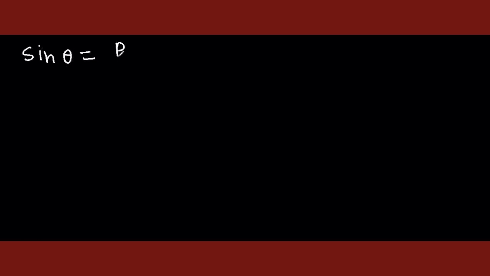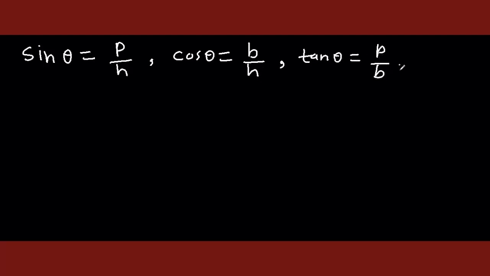Relate angles to the sides. So sine theta is given by perpendicular by hypotenuse. Cos theta is given by base by hypotenuse, and tan theta is given by perpendicular by base.